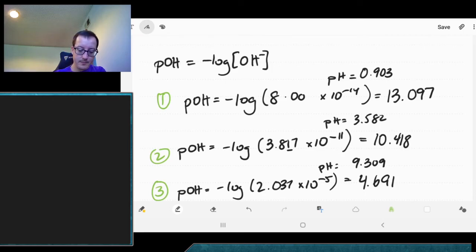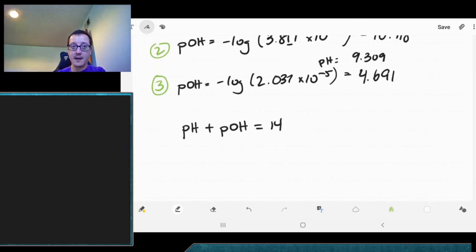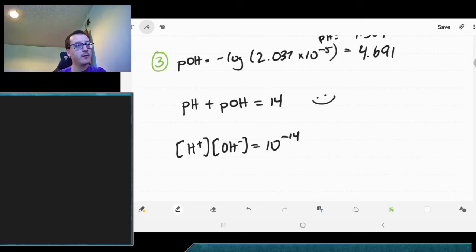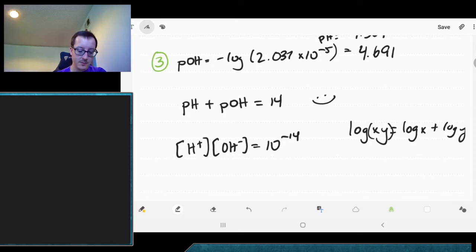Exciting stuff. We can figure this out through other means, though. If you remember that H plus times OH minus is 10 to the minus 14, we have to remember that log of x times y equals log x plus log y. That's one of our rules of logarithms.